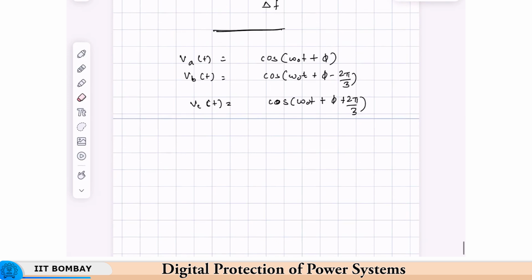Again, we have the same treatment as below. So we have n samples in one period t0, which is 1 by f naught. That is assuming that the system frequency is f naught. If the system frequency changes to f, then we obtain n samples in p cycles, where p is equal to f by f naught.